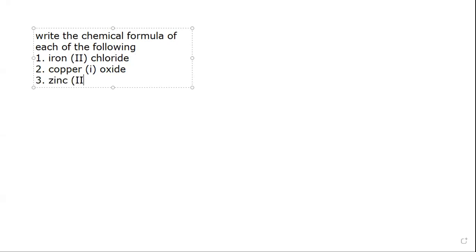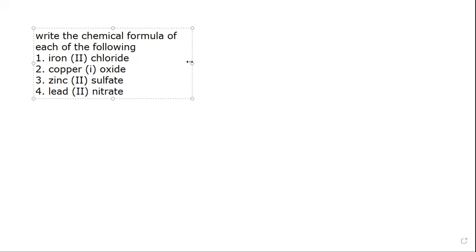One, iron(II) chloride. Two, copper(I) oxide. Three, zinc(II) sulfate. Four, lead(II) nitrate.